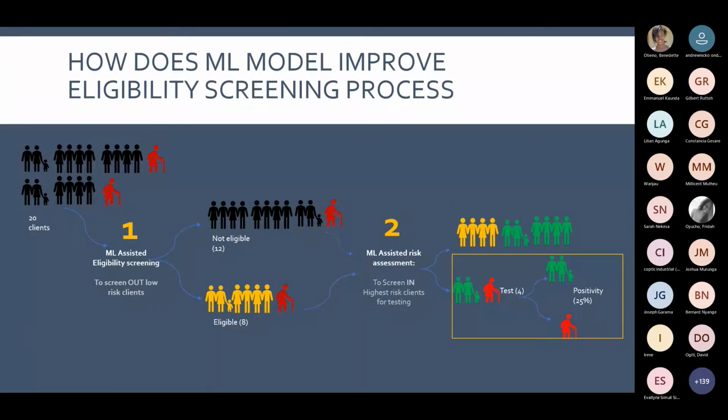The ML is able to tease out other patterns on the client profile other than some of the common assessment indicators, the big indicators that we always look out for as healthcare workers or an HTS program. So in that case, we realize that the ML model can actually help us screen in more patients who are high risk, who probably would have been left out if we only used the manual process.